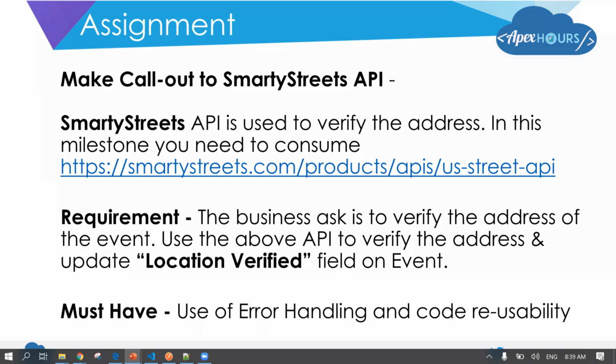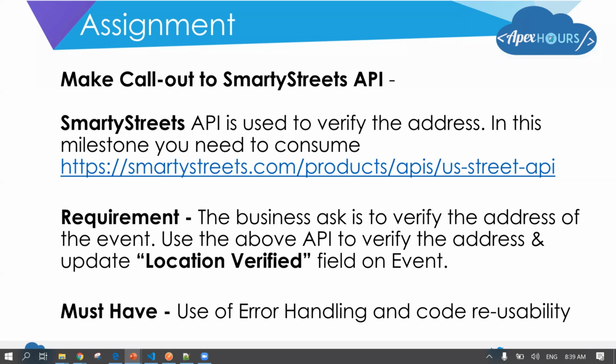You need to call a third-party API, which smartystreets.com is giving us, the US Street API. We need to verify that the address which we are providing to the API is correct, and the response would be okay, and it would give you the exact location. Then we would have to store this verified address on an event record.